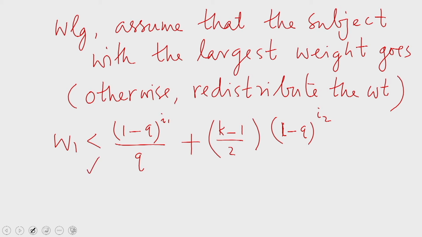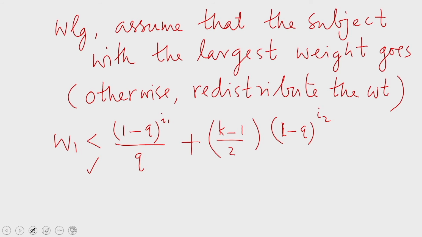So, now what we have established is that W1 is at most this quantity, which further simplifies to this. W1 is less than (1 minus q power I2) by q. Here we are replacing the first term with (1 minus q power I2) by q.